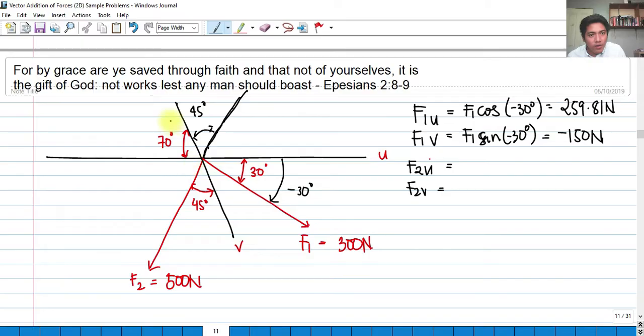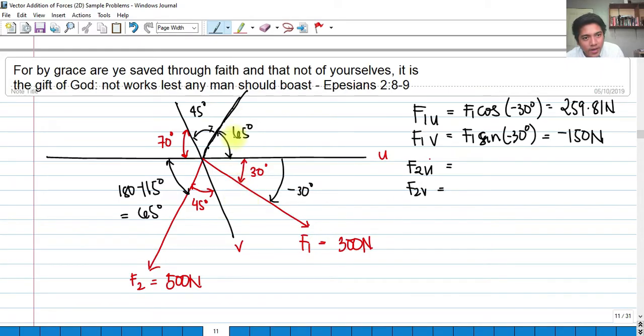So if the angle combined by 70 degrees and 45 degrees is 115, then this angle should be 180 minus 115 degrees, which is 65 degrees. And as you can see, this should also be 65 degrees because these are vertical angles. And my problem is now solved.